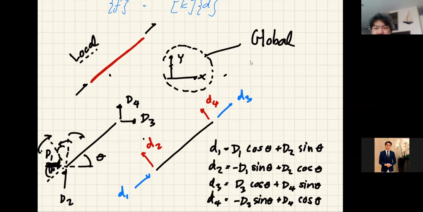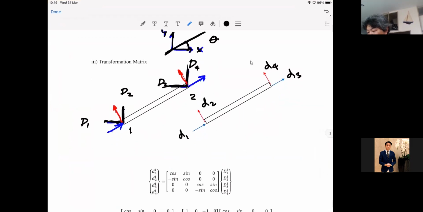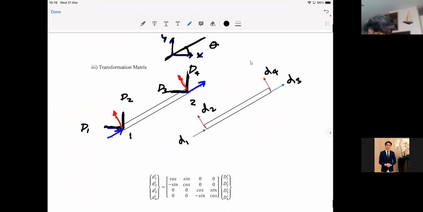I don't know if you prefer me to write it again, but if I put this in the matrix form, this is what you're going to get. There. Okay. It has a name. This is what we call the transformation matrix.